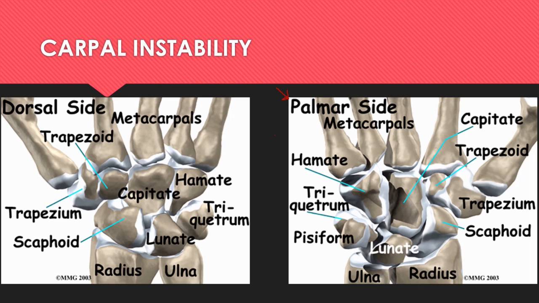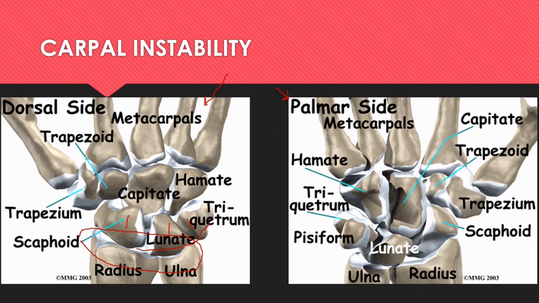So let's start on the dorsal surface of the right hand. Important for our understanding of at least what the AMA guides describe in terms of carpal instability patterns is going to be the distal radius and ulna and its articulation with the proximal row of carpal bones. We're also going to be concerned about the relationship between the bones within the same carpal row.